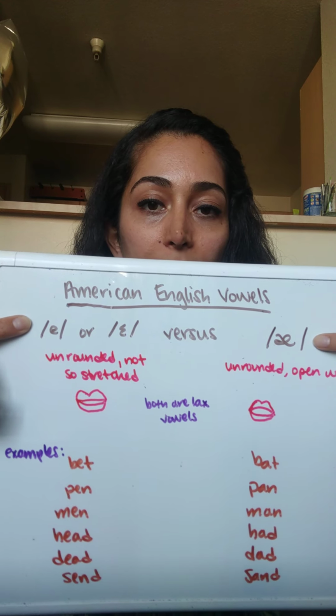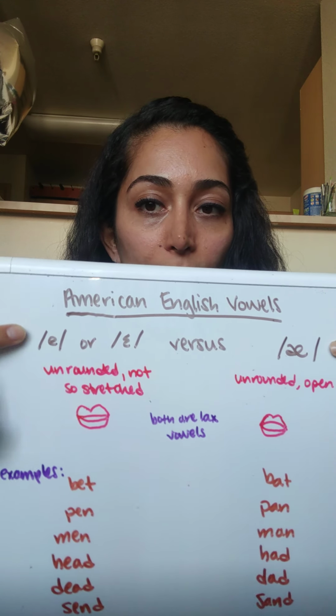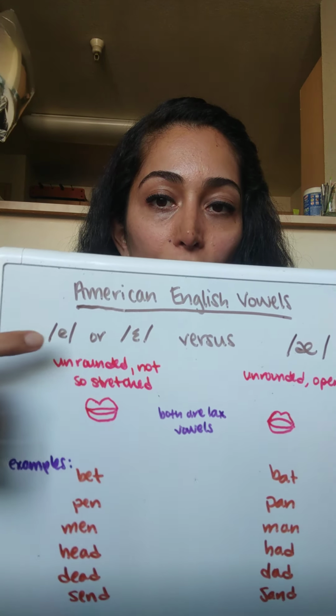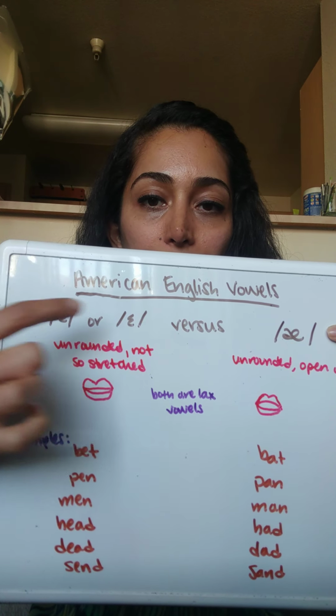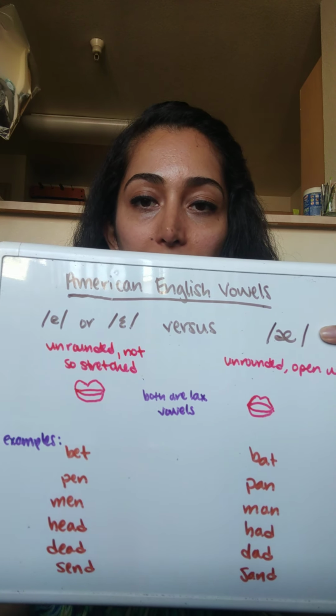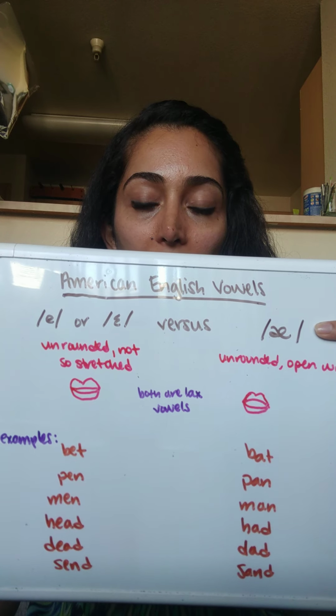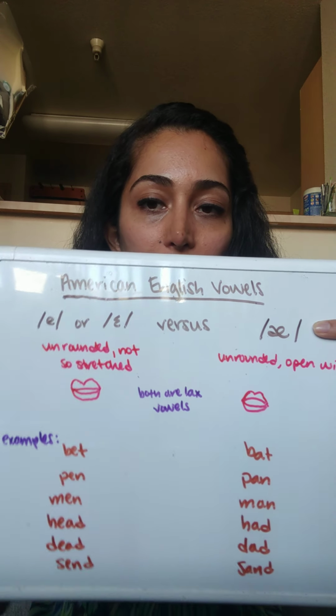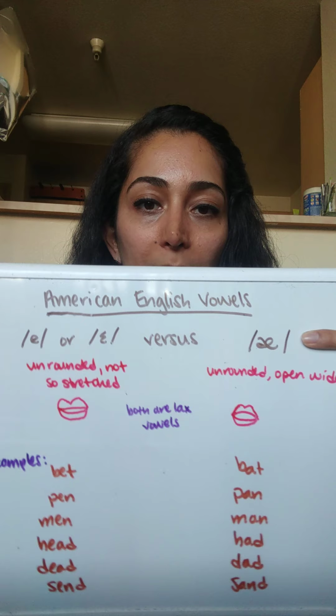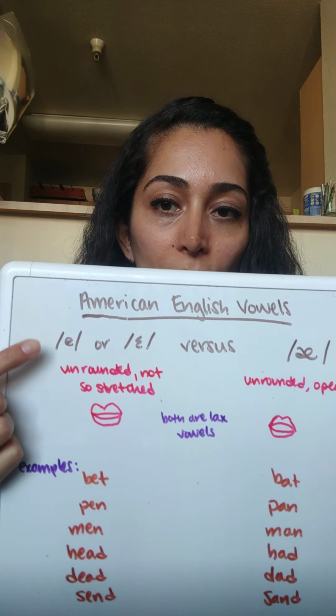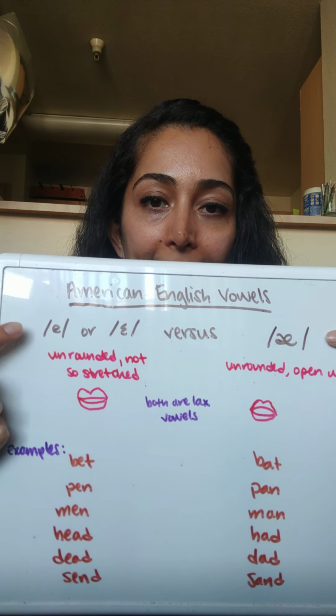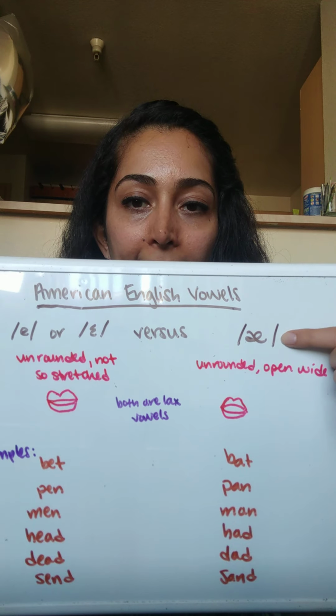So these symbols help us to identify sounds. Here we have two because sometimes, depending on what device or resource you're using, they can vary, but this one's always the same, okay? So this sound is eh, and this sound is ah.